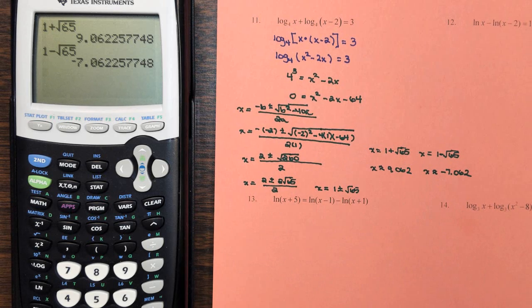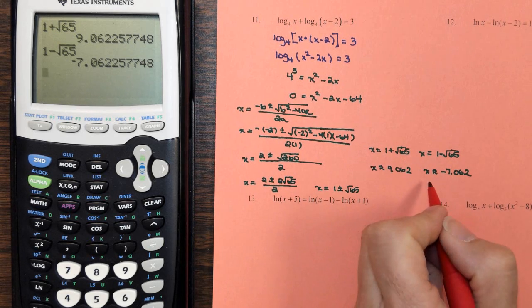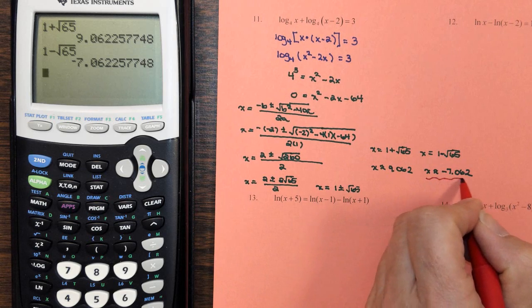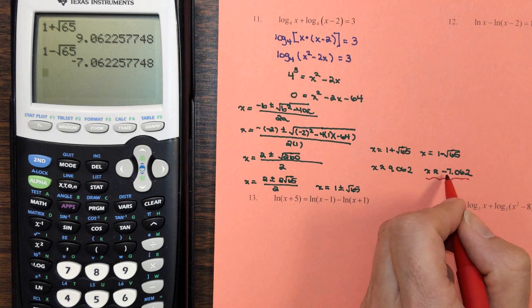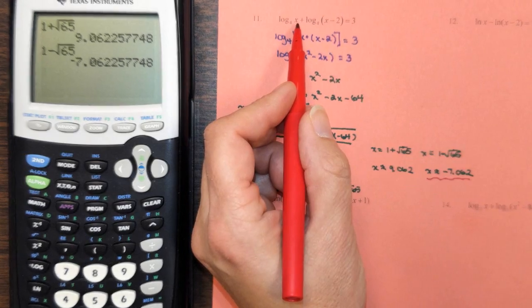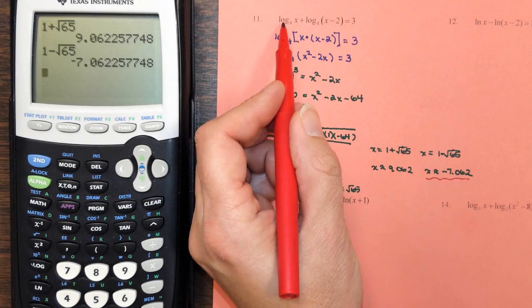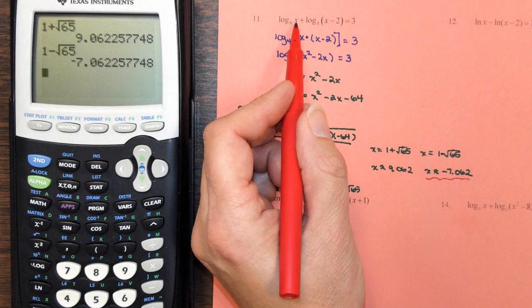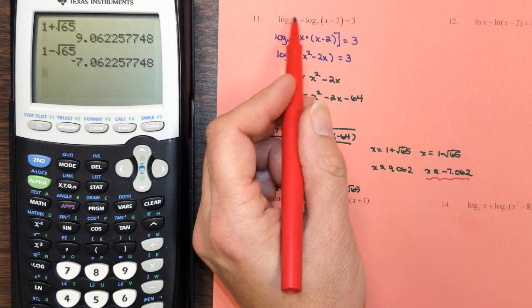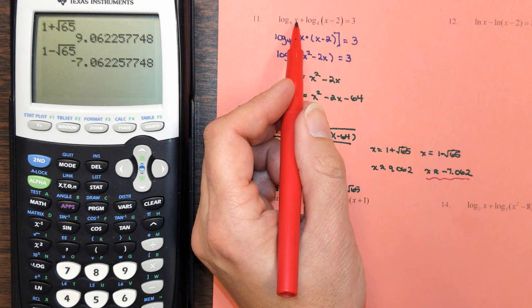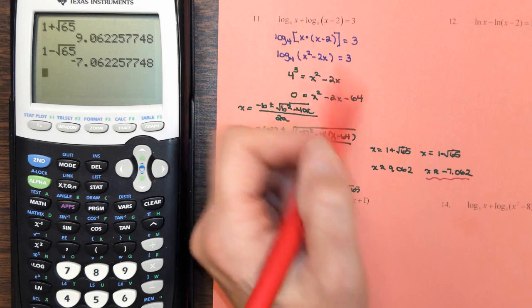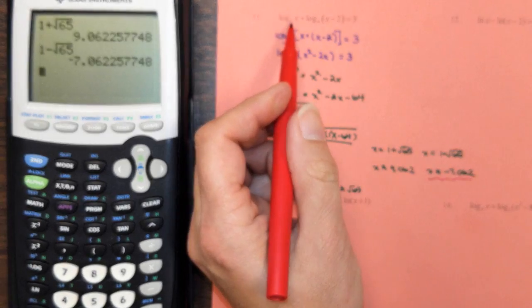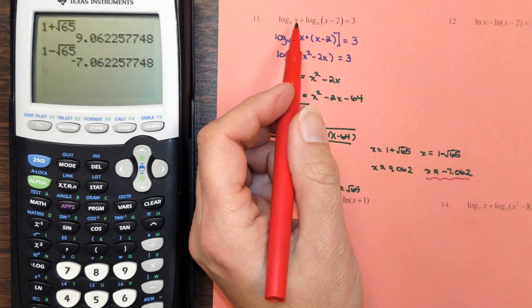And so what happens is, to be honest, on this problem, if I were to put that negative 7 in here, I'd be taking the log of a negative. And if you think about the domain for this portion, the domain goes from 0 to infinity. So having the log of a negative is an extraneous situation.